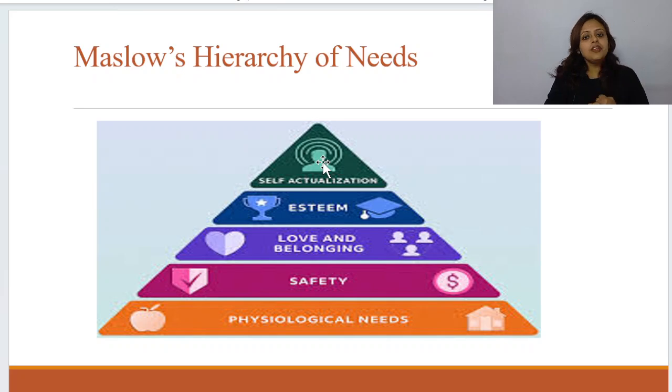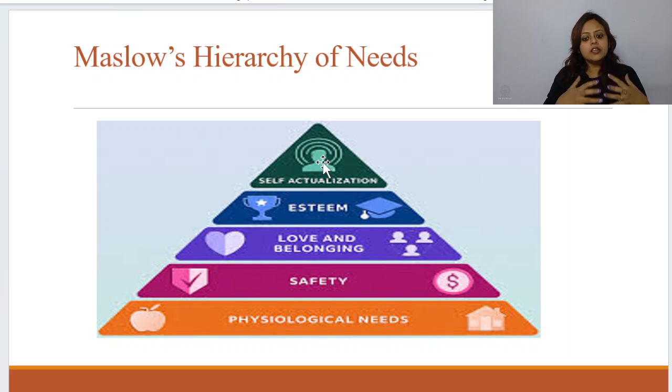It can be the need for food, which is considered a basic need for the existence of an individual. So until and unless my hunger is satisfied, I will not be able to sustain in this world. The next example of physiological need can be the requirement of shelter.